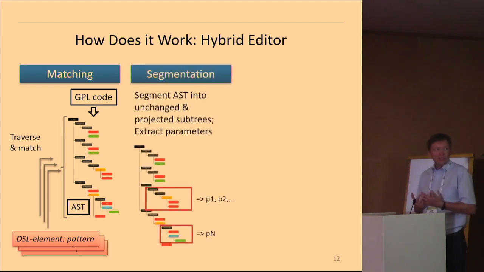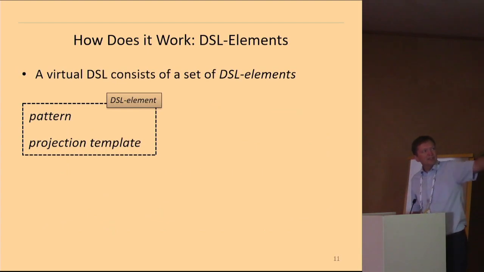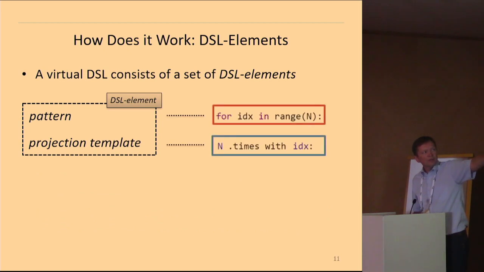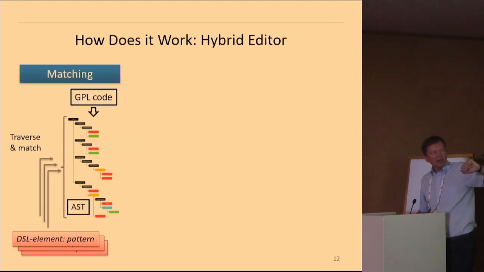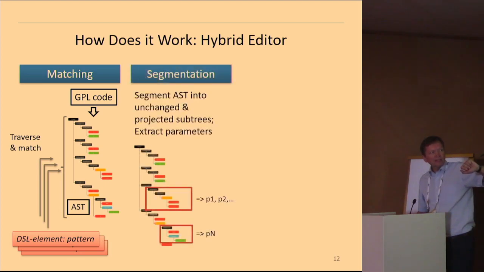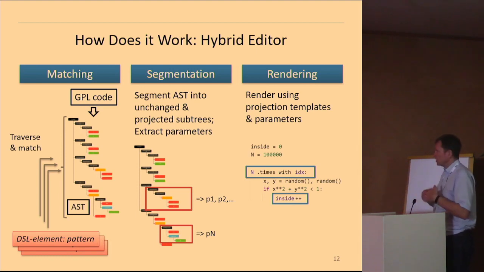For example, I go back, in this for index in range, we extract the index and we extract n. So they are the parameters which are extracted by the pattern. These parameters are then passed to the renderer, to the hybrid editor, which takes these parameters and plugs them into a web component. In this case, it's text, but it can be even a diagram, it can be something graphical.